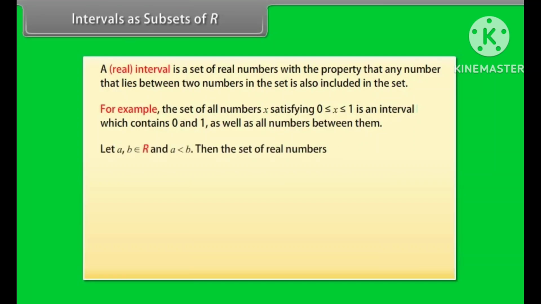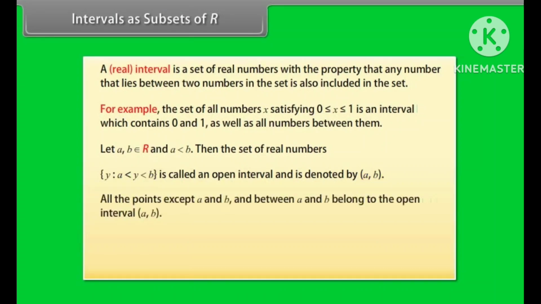Let A, B belong to R and A less than B. Then the set of real numbers y such that A is less than y is less than B, is called an open interval and is denoted by (A, B). All the points between A and B, except A and B, belong to the open interval (A, B).